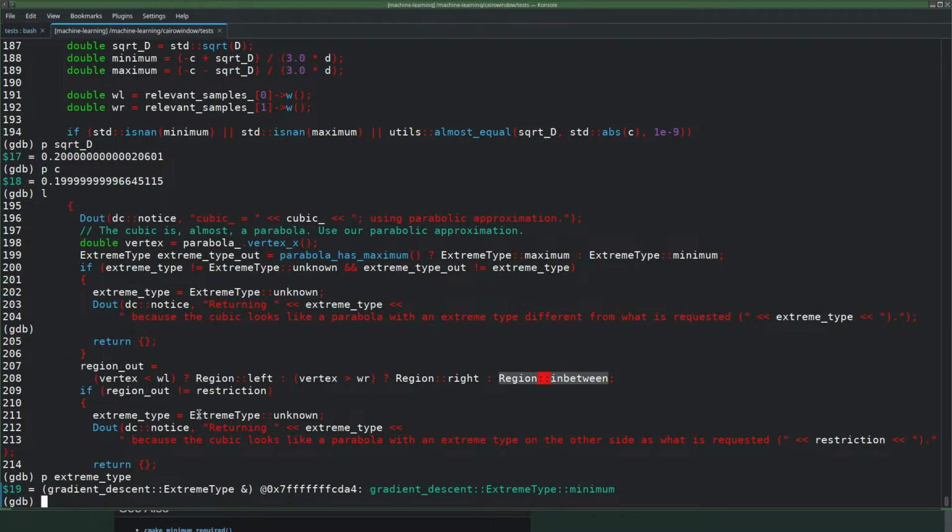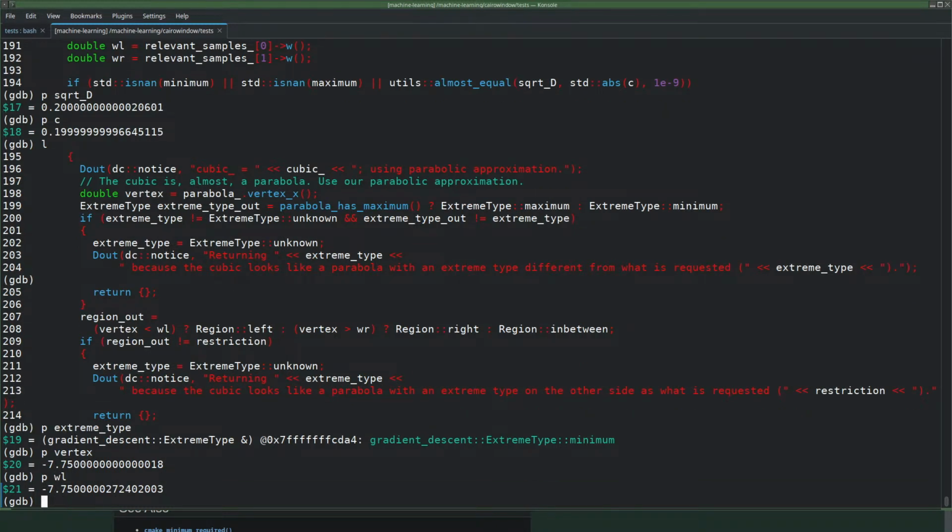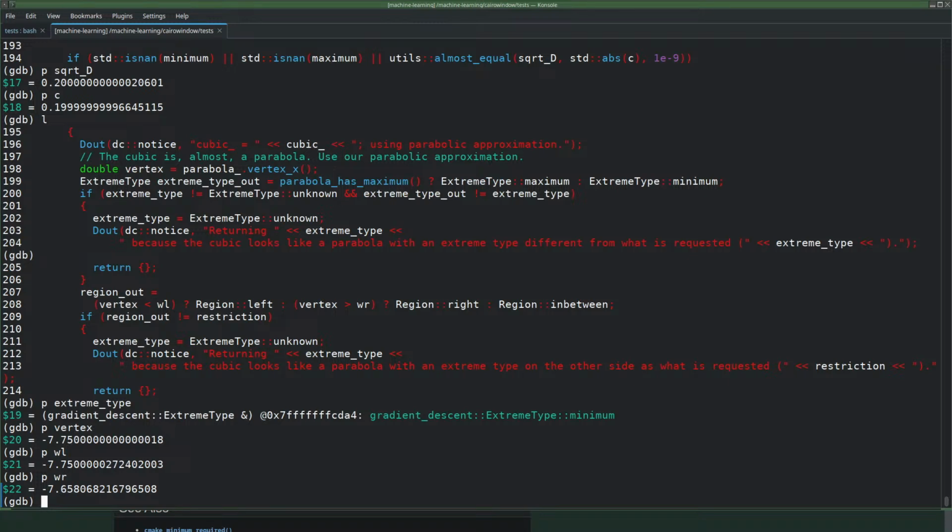Because the vertex of, well, the critical point, or in this case the vertex of the parabola is that. And we have a point on the left which is that, and a point on the right which is that, and the thing lays in between these two.